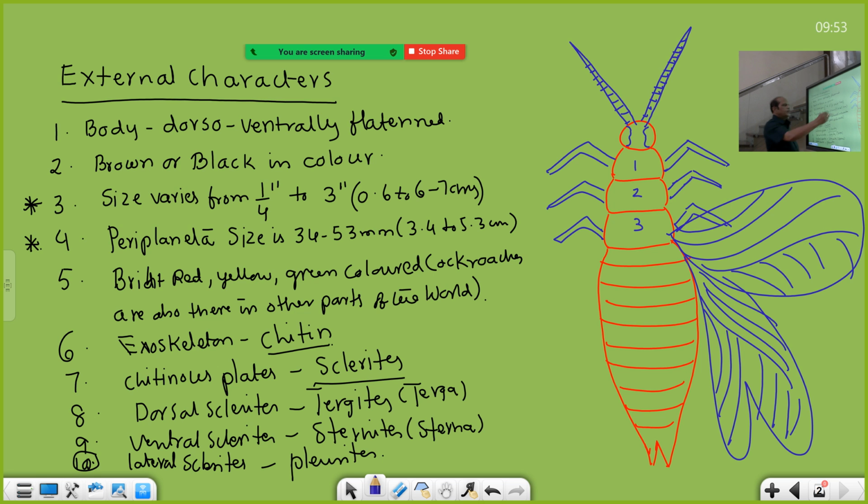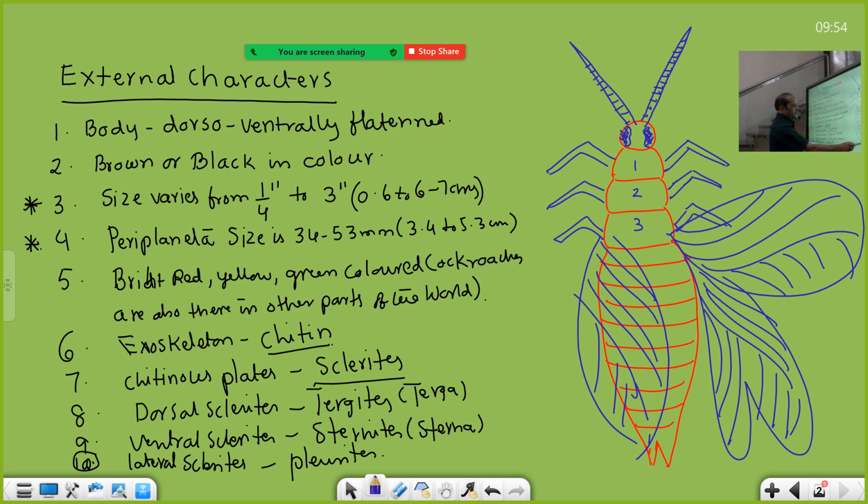This is a compound eye, which we must represent like this. So this is the external feature of this side. Legs and wings are also present, covering the body like this. Wings on this side are also present, so you can draw the wings of this side also. This is the external characters of the cockroach. What is this? Head.